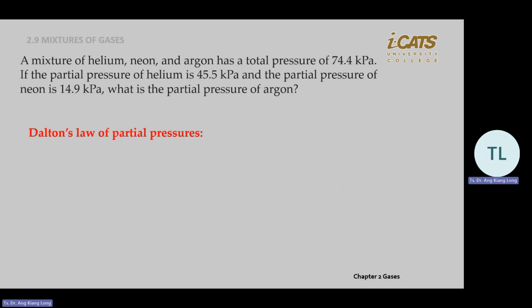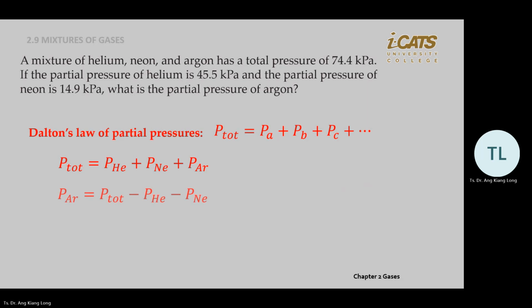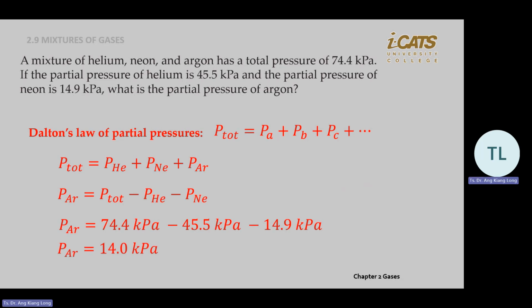For example, P total equal to PA, PB, PC, in this case, you need to write P helium plus P neon plus P argon. Then you substitute the value. Okay, they ask you to find argon, simple calculation, you get 14 kilopascal for argon by using Dalton law.